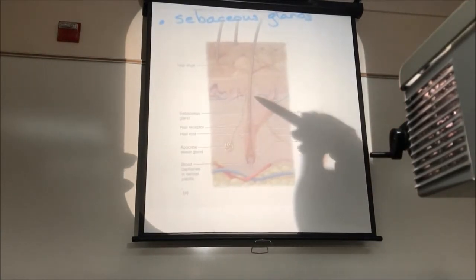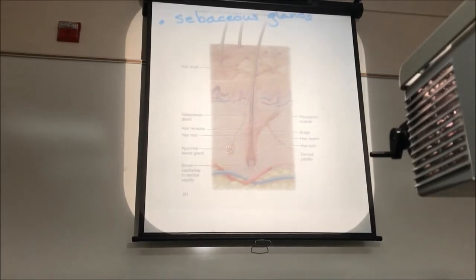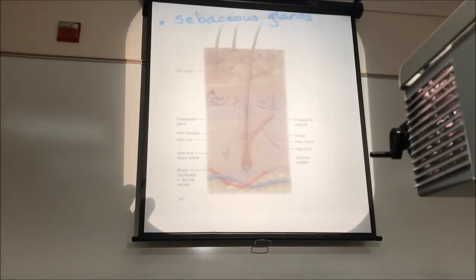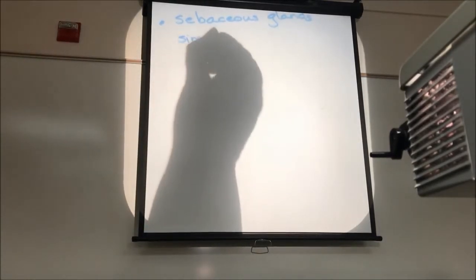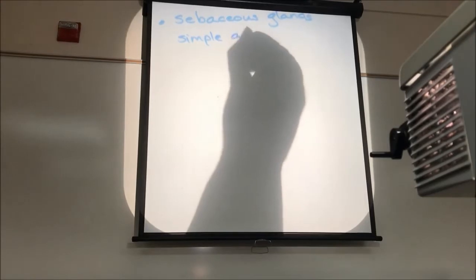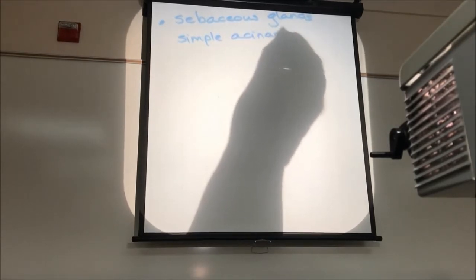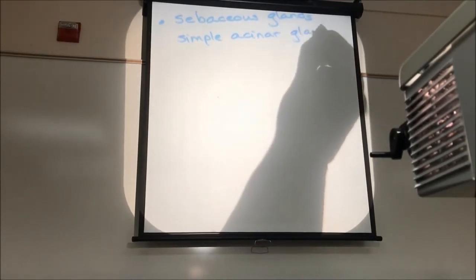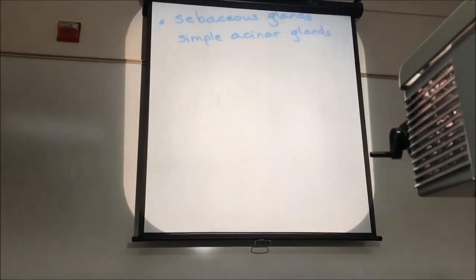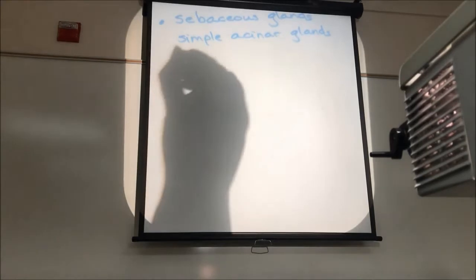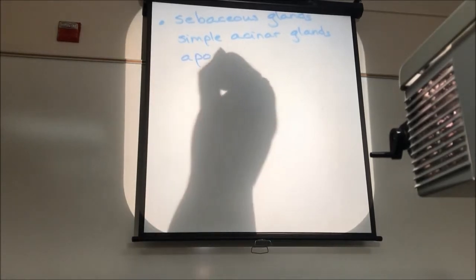So here's the hair follicle, here's the sebaceous gland here. They are simple acinar glands with a apocrine type secretion.